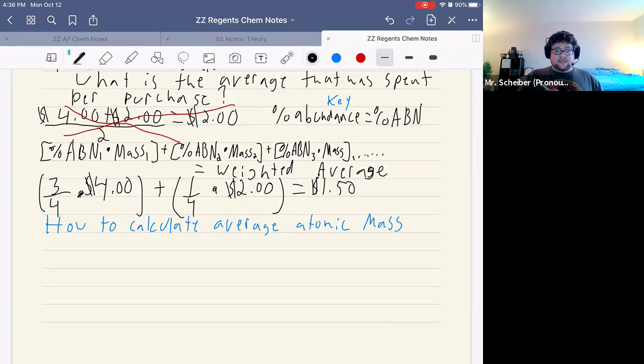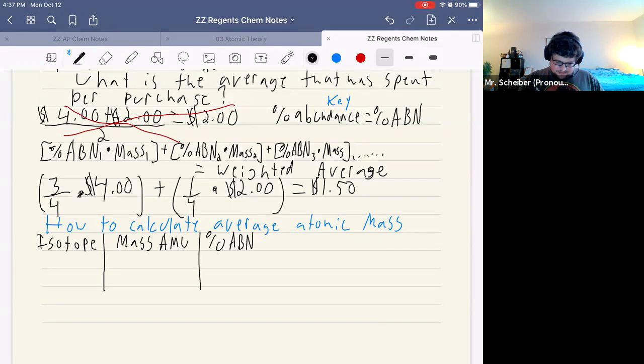So let's say that there are 2 isotopes of element X. Element X35 has a mass... I'll make you a little table. So: isotope, mass in AMU, percent abundance.